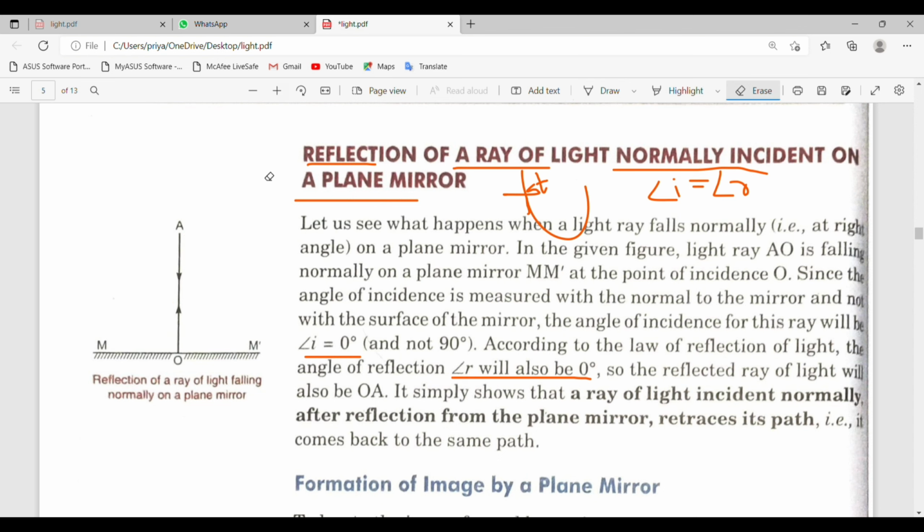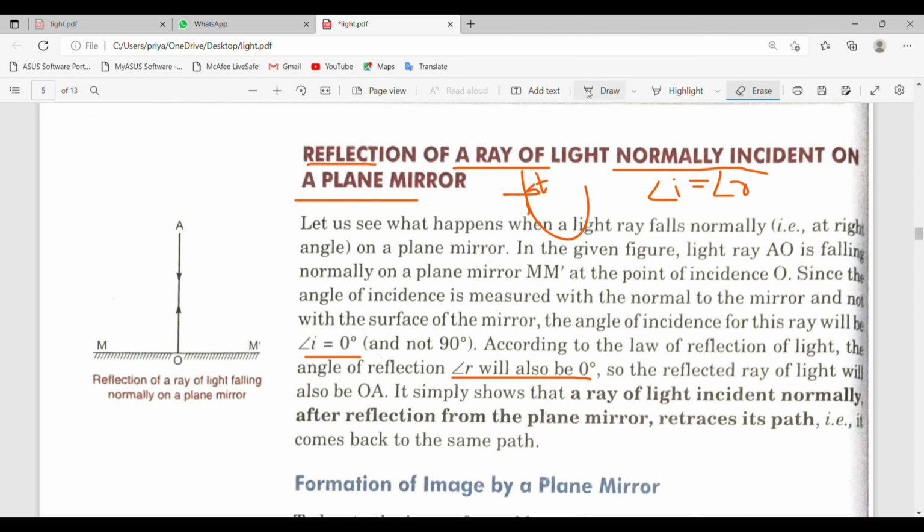So in this case, if this is the angle of incidence of a light, what will be the angle of reflection? It will be the same. It means that the light will retrace its path, right? You can see the incident ray and the reflected ray.